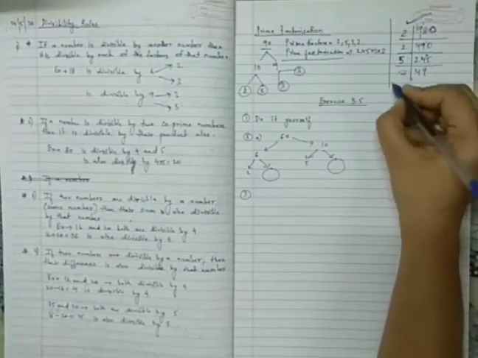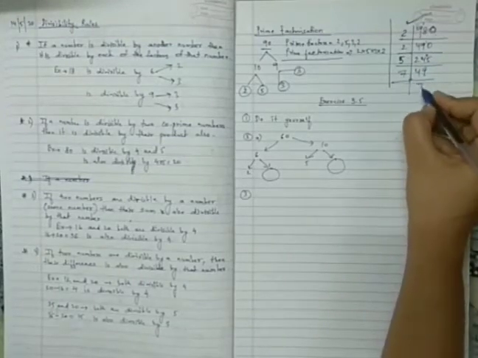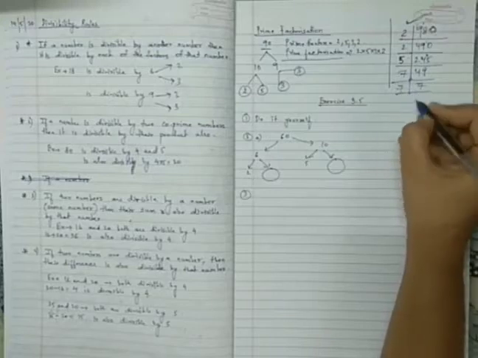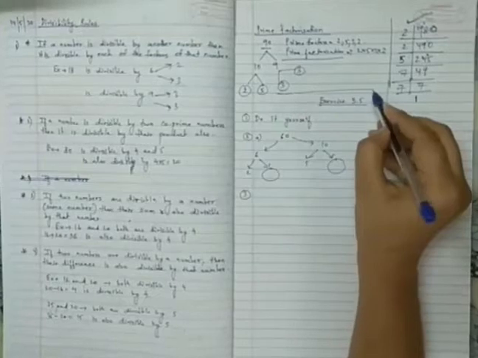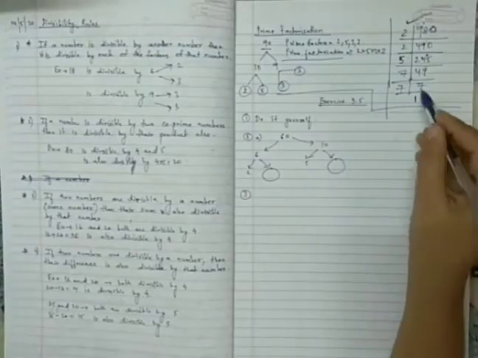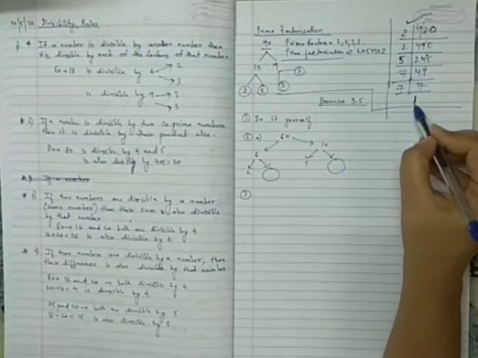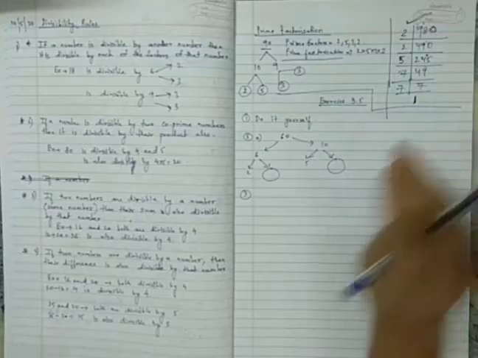Now let us see if it comes in the table of 7. 7 sevens are 49, again 7, and lastly it stops at 1. So you know when we have to stop? You have to stop when we get the number 1 at the end.